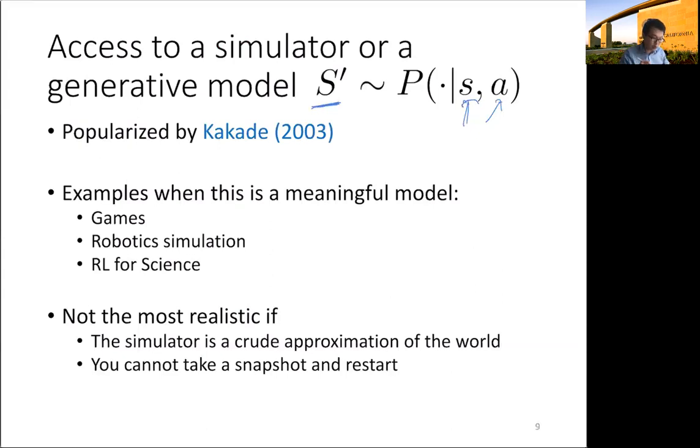Of course, when the simulator itself is very costly, as is often the case in science simulations, there is a trade-off between the extent to which it is approximate and the extent to which the simulator is computationally tractable.